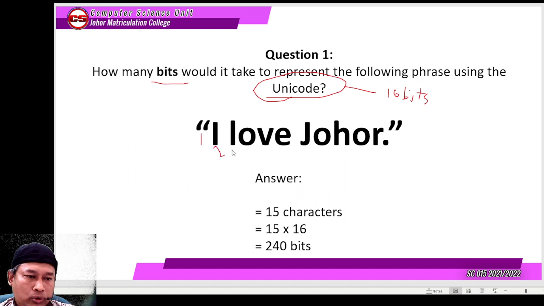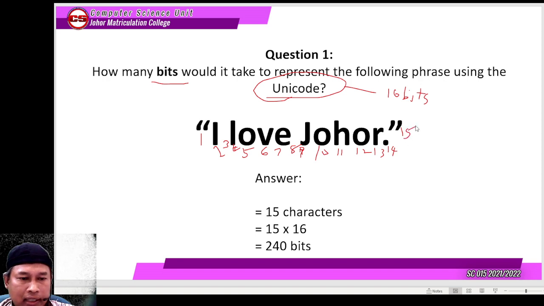1, 2, 3. The space must be counted, and 4, 5, 6, 7, 8, 9, 10, 11, 12, 13, 14, and 15.